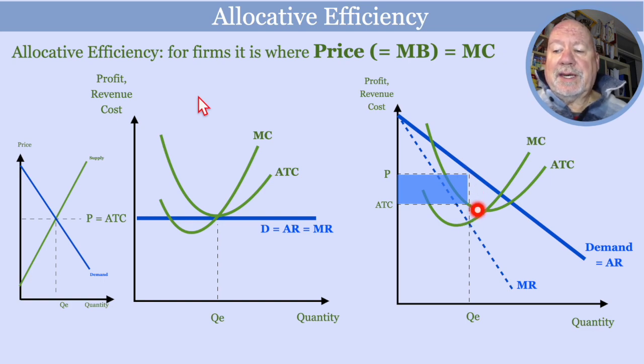So price exceeds marginal cost, and the question is, should we produce more? Yes, we should, because the extra benefit is up here, the extra cost is there, so all of this output to this point here would gain you extra benefit exceeding extra cost.